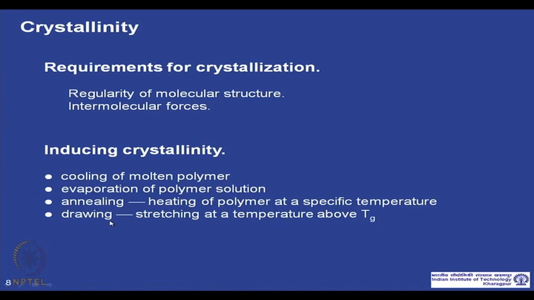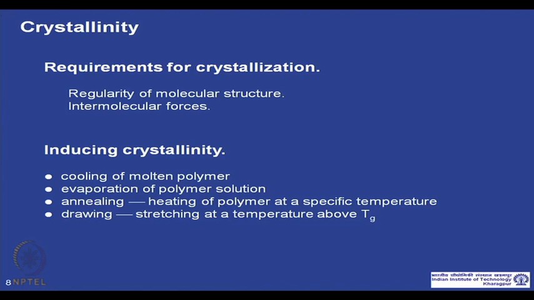Another way we can induce crystallinity in a polymer material is by drawing. When you stretch amorphous polymers, the chains can come closer and align themselves in a particular direction, which basically induces crystallinity.